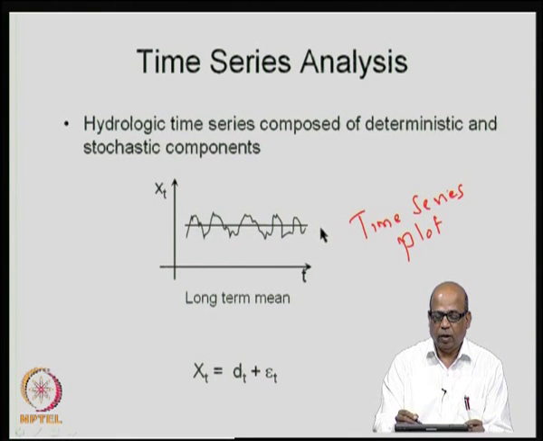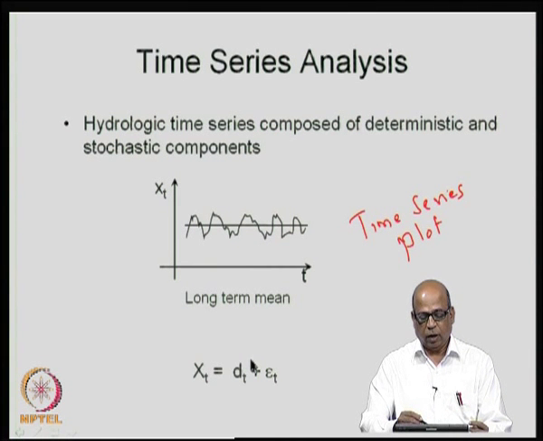In this simple example that I have shown here, d t is equal to d is equal to the mean, that is, all across the time we are saying that the mean remains constant and around the mean the values are fluctuating randomly. So, x t you write as a deterministic component plus a random component epsilon t.